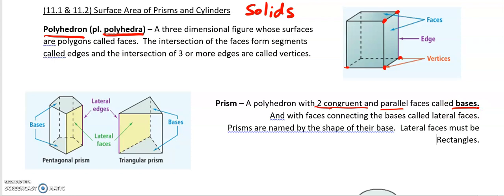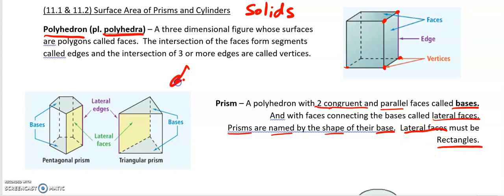So two of the faces are going to be congruent and parallel, and they're going to be called bases. The faces that connect your bases will be called your lateral faces. Okay? Now, a prism is always named by the shape of your base. Now, another important fact is your lateral faces for prisms, lateral faces are always rectangles.